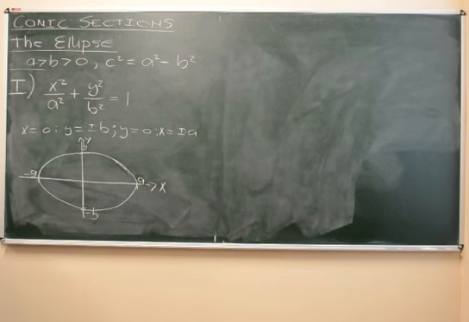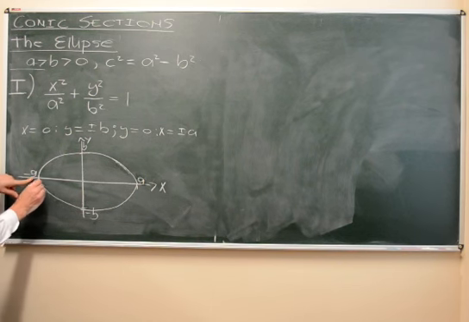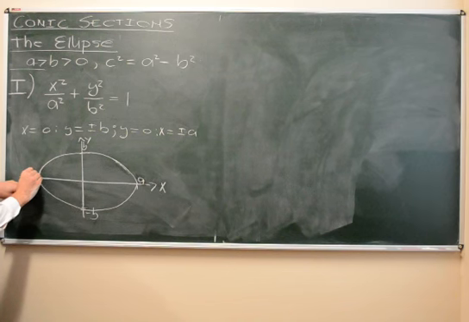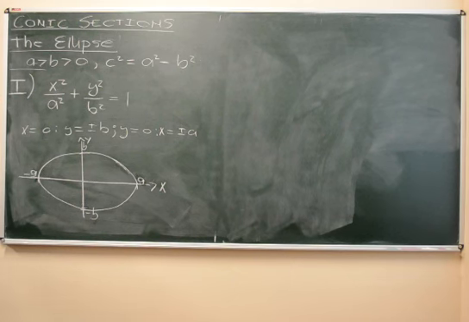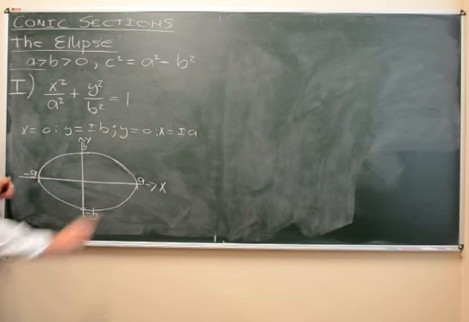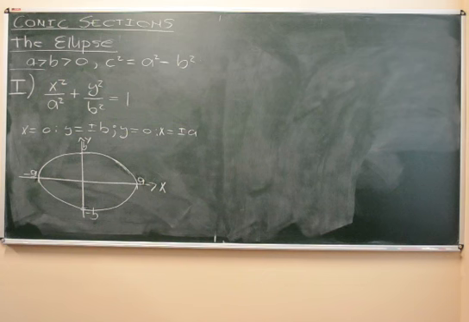Right. Now you see this point here, where x is minus a and y is 0, and x is equal to a and y is equal to 0. These are the 2 points on the curve that are furthest apart.